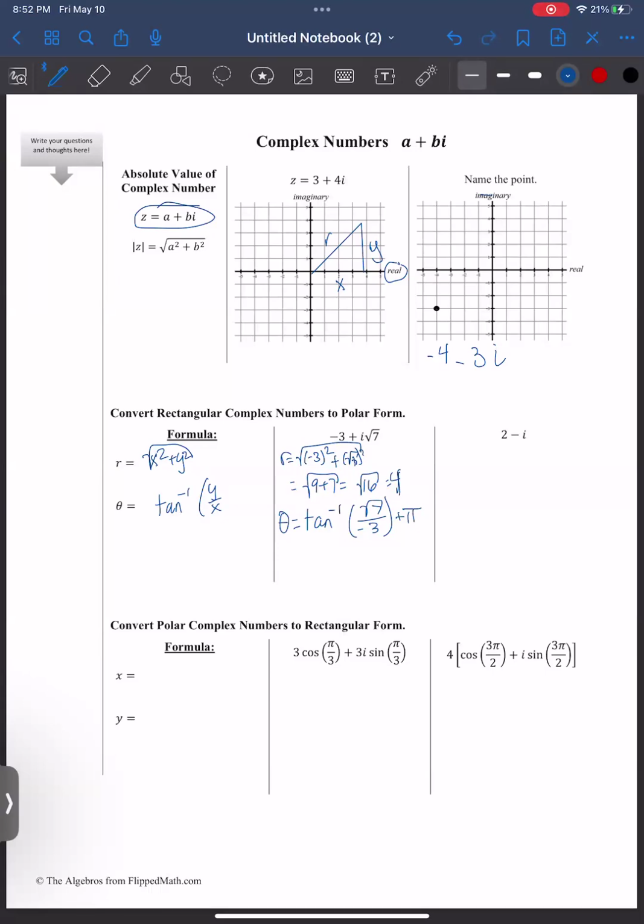And so I get that theta is equal to 2.418, meaning my coordinates are 4, 2.418. So really it doesn't change too much. The values are different, they're complex, but essentially I'm working with the same thing, okay?